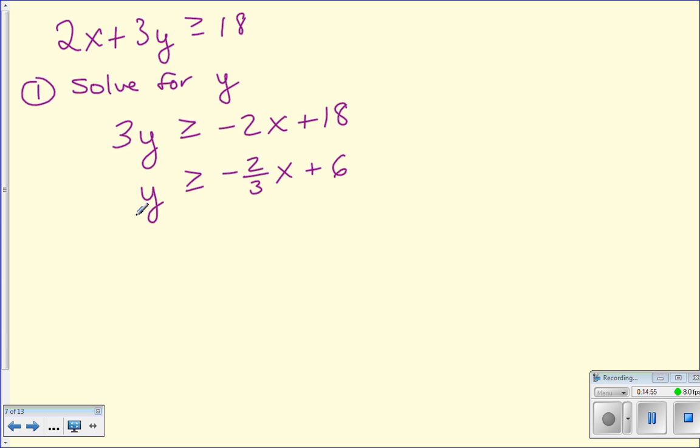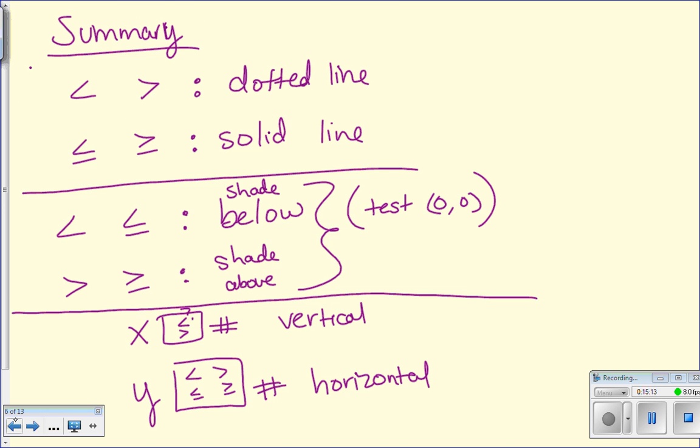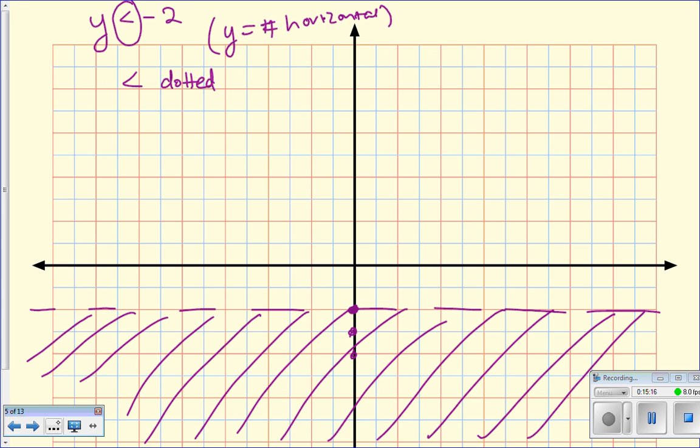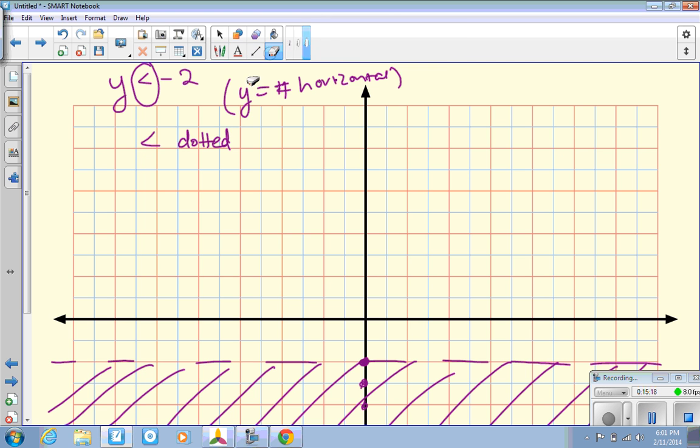So now we're at the point where we could graph this. This is the y-intercept, and negative 2/3 is the slope. So we would end up going up to 6 and then go down 2 and right 3. So I'm going to actually go to one of our graphs.